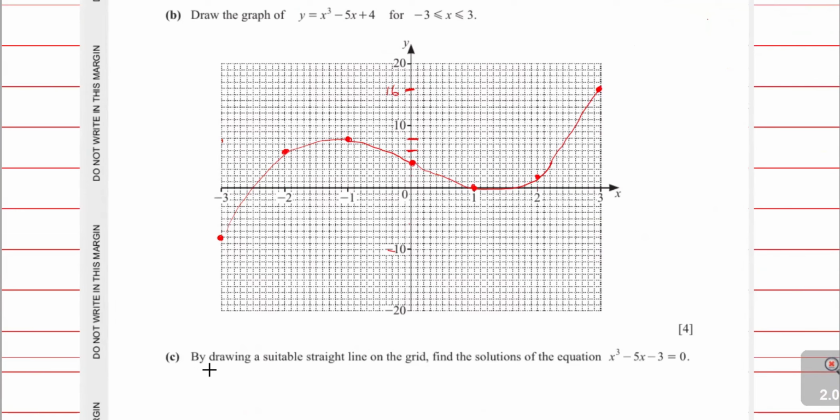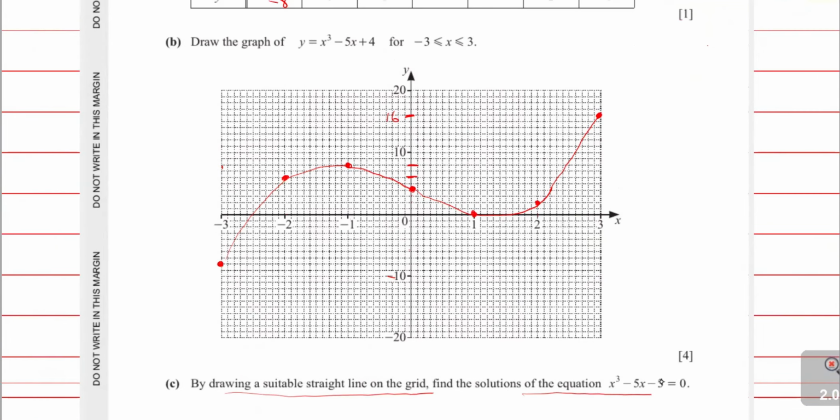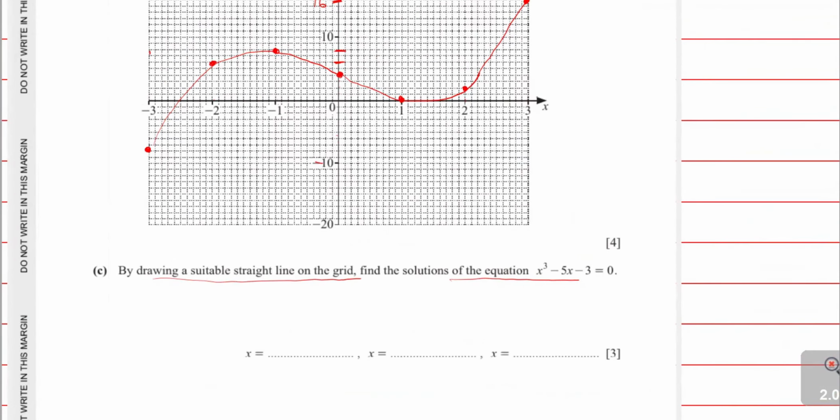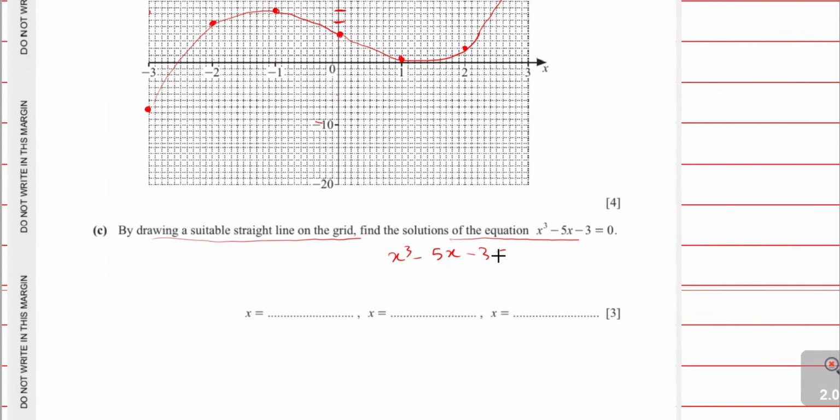Next, by drawing a suitable straight line on the graph, solve the equation x cube minus 5x minus 3 equal to 0. Look here, we can write this equation x cube minus 5x minus 3 equal to 0. We shift this value from left to right, we get x cube minus 5x equal to 3.